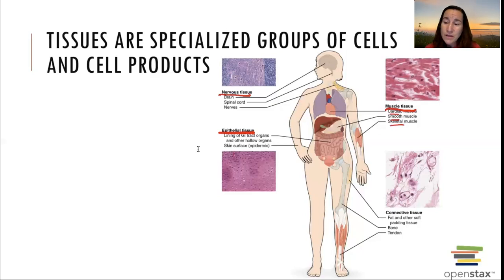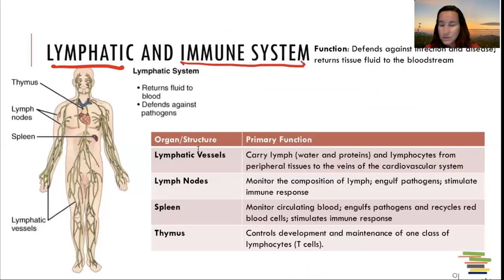Lymphatic system gets rid of the fluid, but I don't want to just take that fluid that's accumulating out there in my body and just dump it back into my cardio system. I want to make sure that that fluid is clean. So lymphatic system is to take the fluid away, and then our immune system is to clean up that stuff and make sure that what I'm dumping back into my subclavians is going to be clean processed fluid.